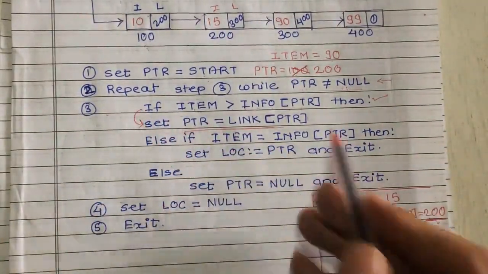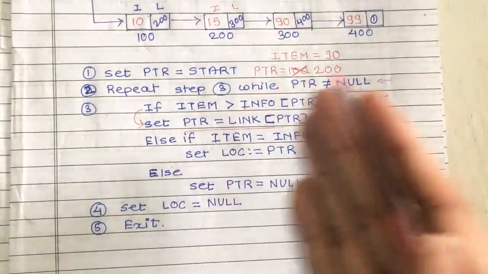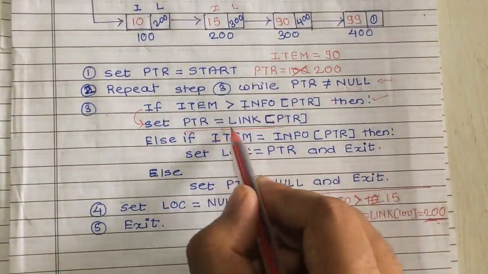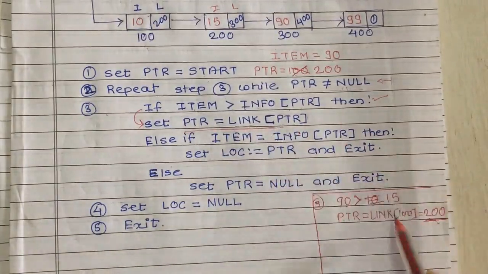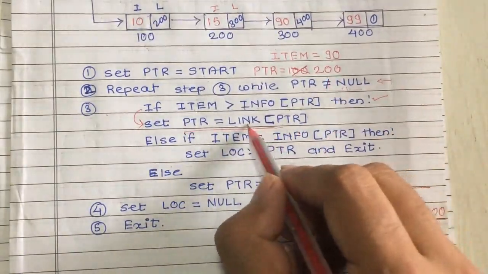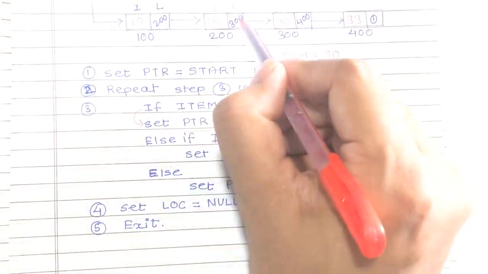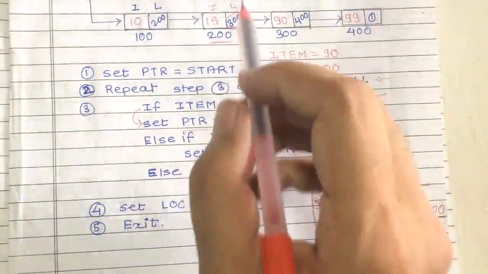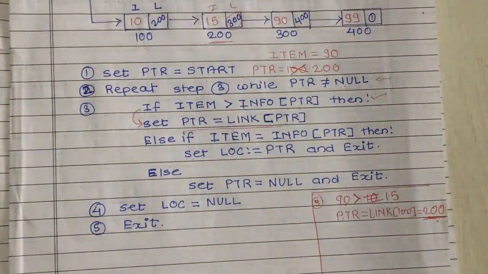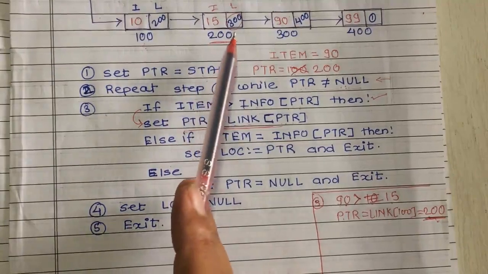Our control will move towards the next node. So simply, PTR is equal to link of PTR. What is PTR? PTR is 200, and what is the link of 200? The link of 200 is simply 300.